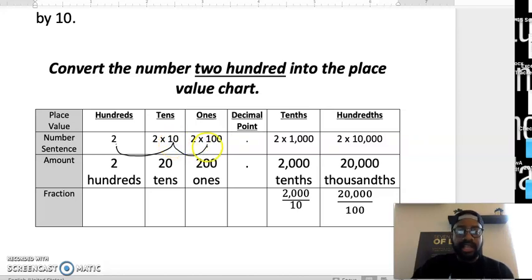If I'm in the ones and I want to figure out how many tenths that is, I multiply by another 10. And if I'm in the tenths and I want to figure out how many hundredths that is, I multiply by another 10. So moving from place value to place value, we can multiply by 10. We're going to take that same understanding and learn how to move from a whole number down to a fraction.